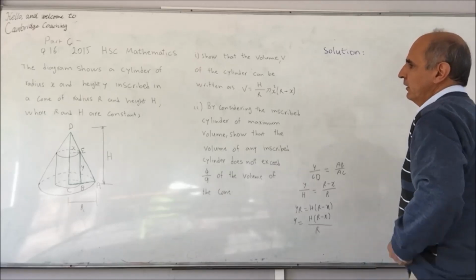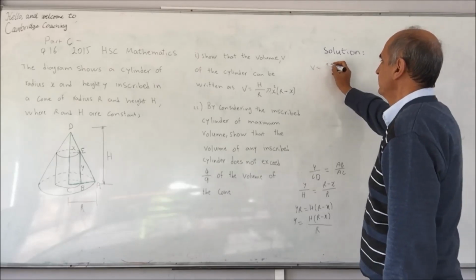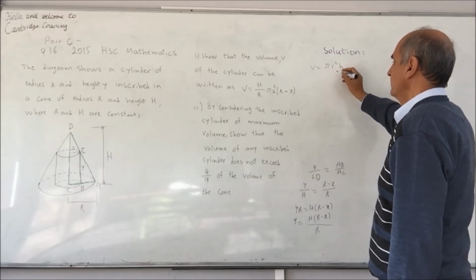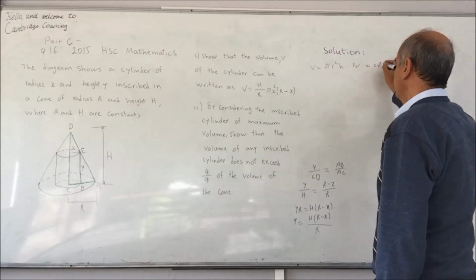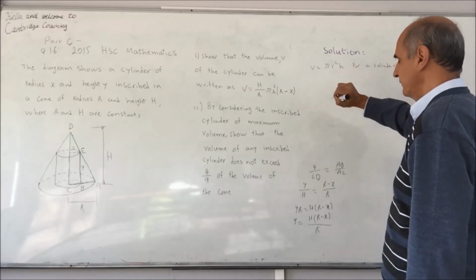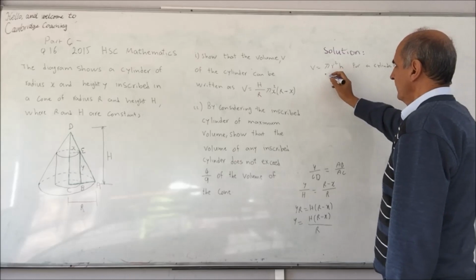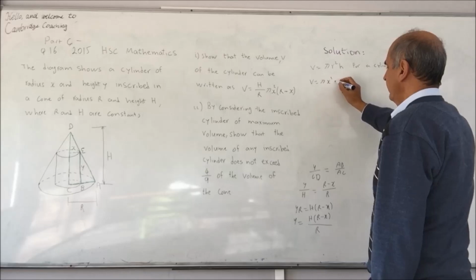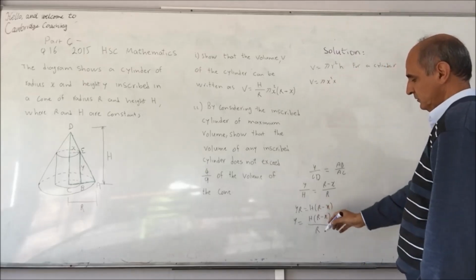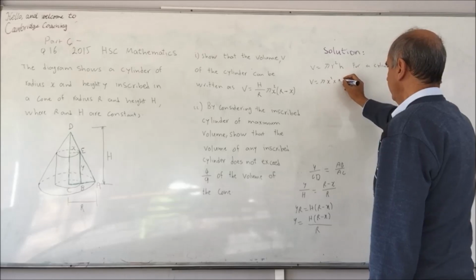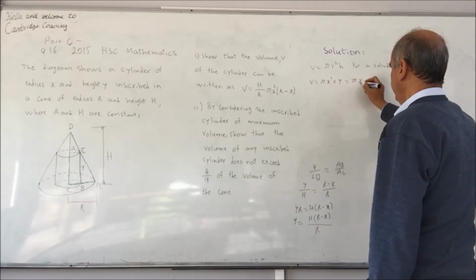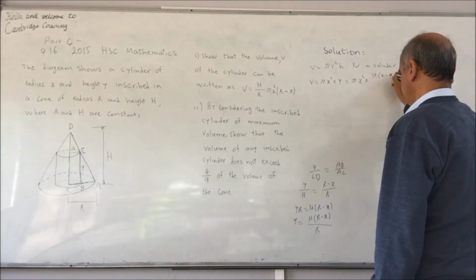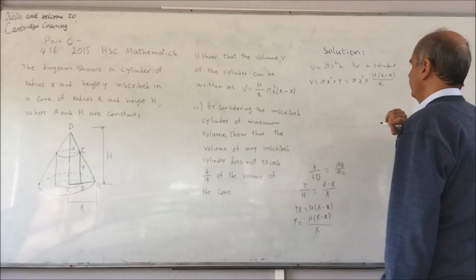But we have the volume of the cylinder. Volume of the cylinder is pi times radius squared times height. That's the formula for a cylinder. They have given it in the question. Now, my radius is x, so x squared, and my height is y, which I just found. So I can write pi x squared times h(r minus x) over r.